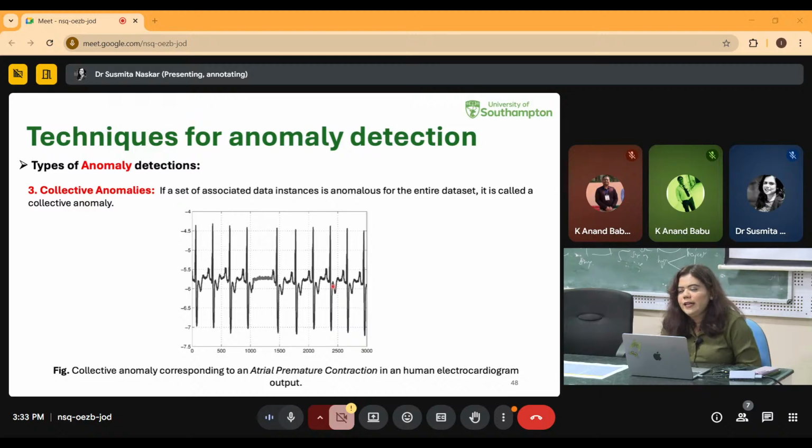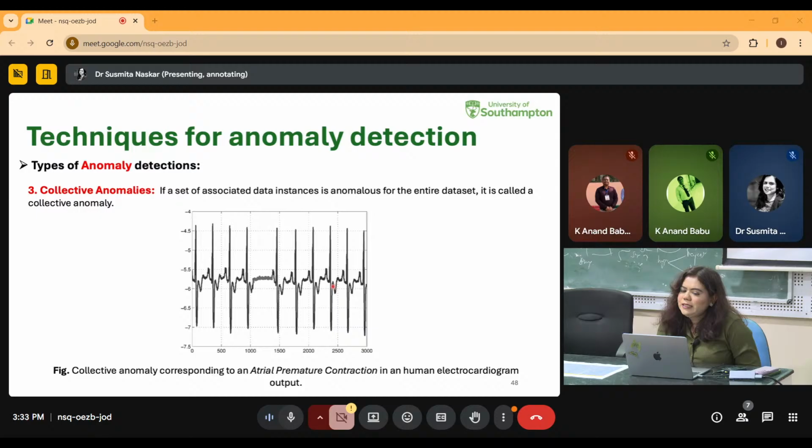A single reading may not look unusual, but when you see the pattern in the time series, it can be critical in areas like healthcare monitoring, cyber security, and structural health monitoring, where we need to understand the sequence rather than individual events, which may signal potential problems.